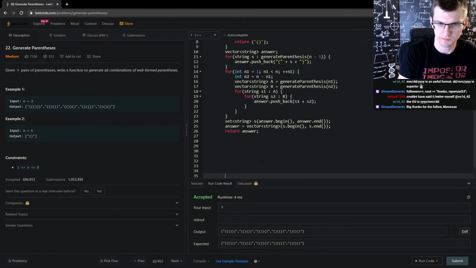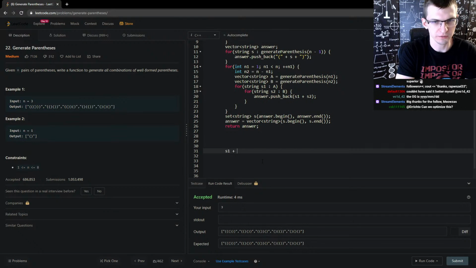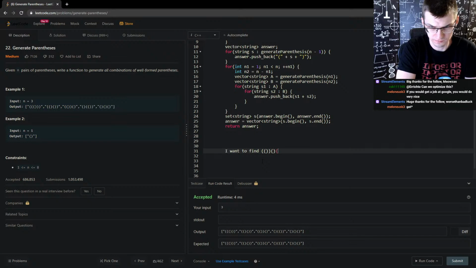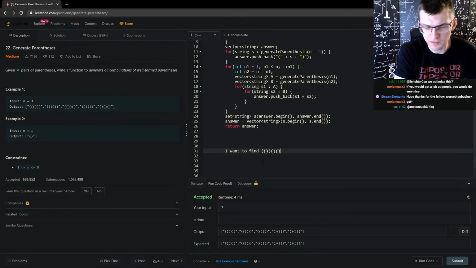When we say that a string can consist of 2 concatenated strings, S1, S2, there's double counting, because if I want to find, in particular, let's say this string, it's too complicated. Let's go with that.